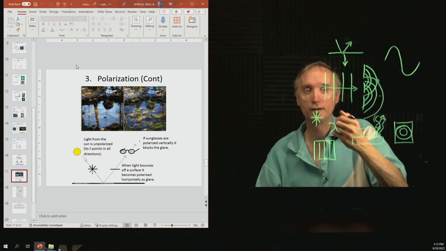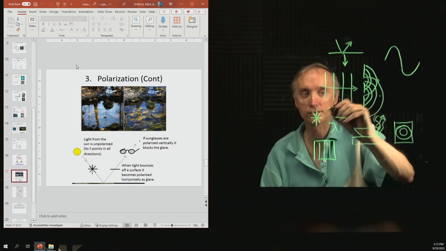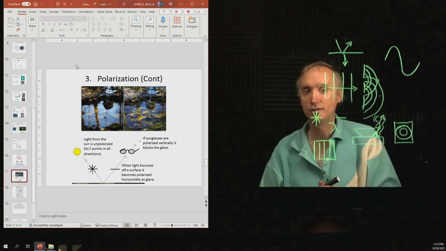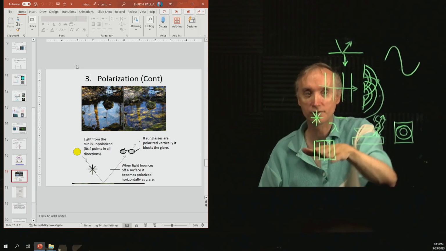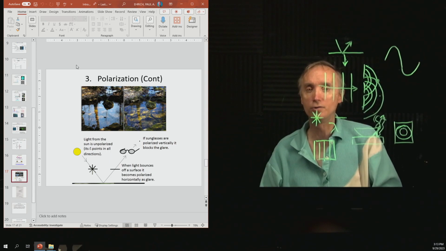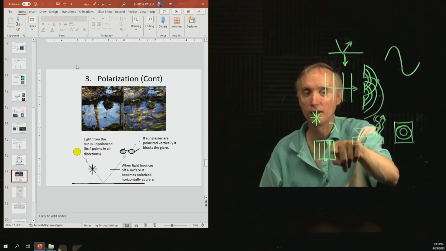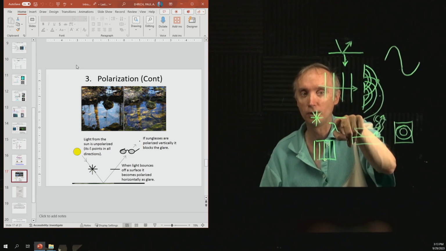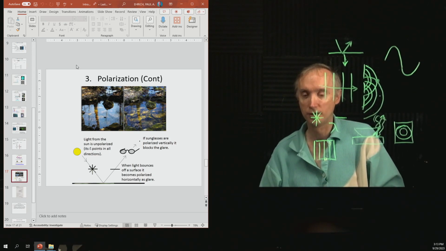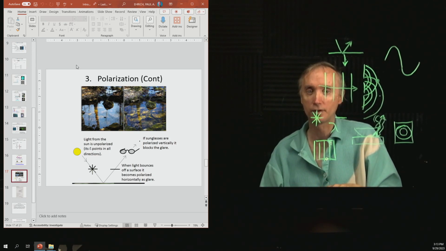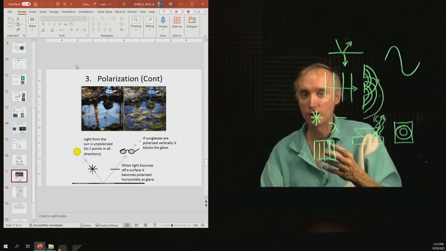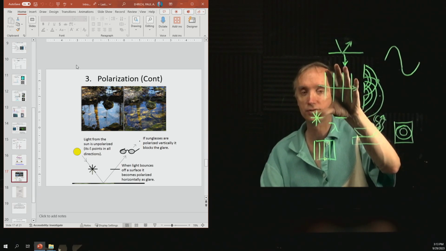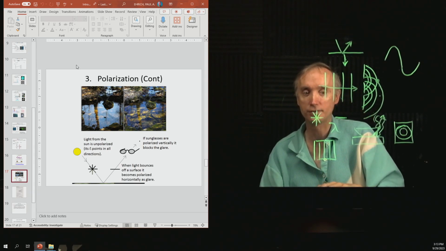And so that's why I've got a line like this. It's been polarized sideways by the surface that it bounced off of. Now all you've got to do is be wearing glasses that are polarized like this, and you see that it's going to block this, and this is going to be the glare that's coming off of something. So that's the way polarizing sunglasses work, is they block certain orientations of polarized light.